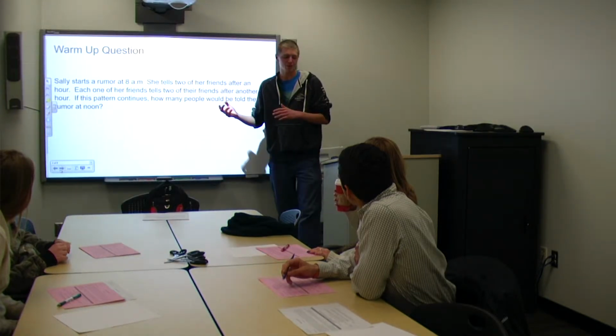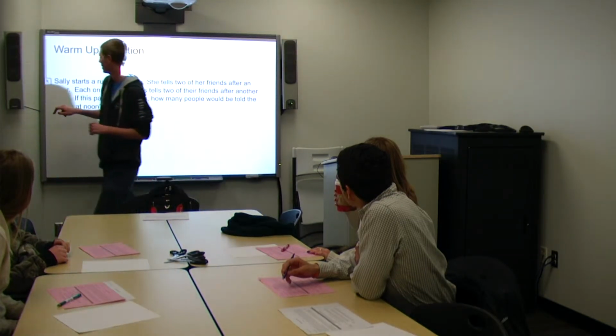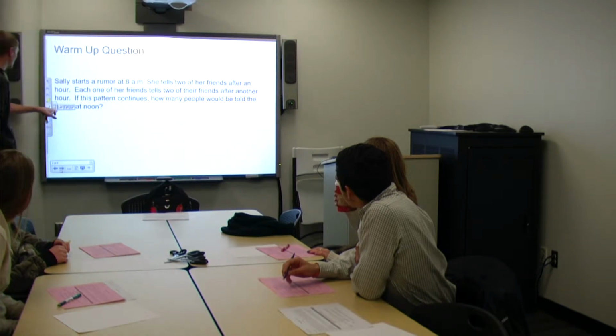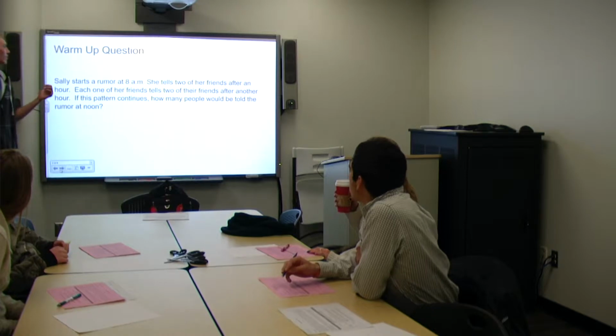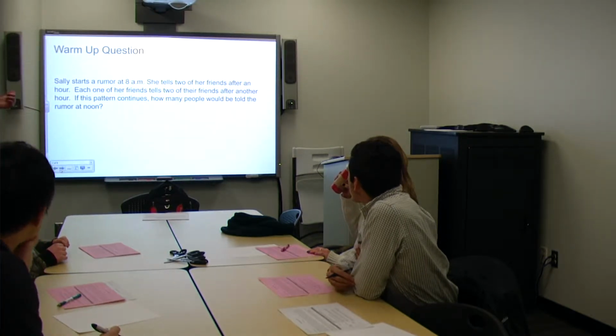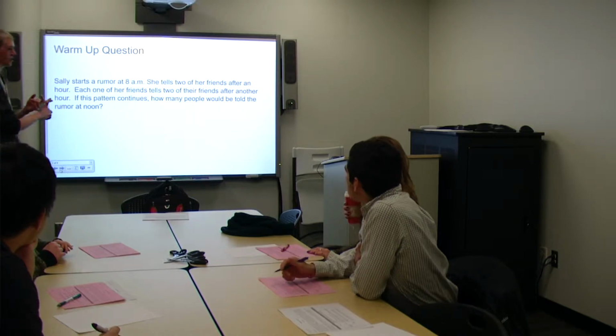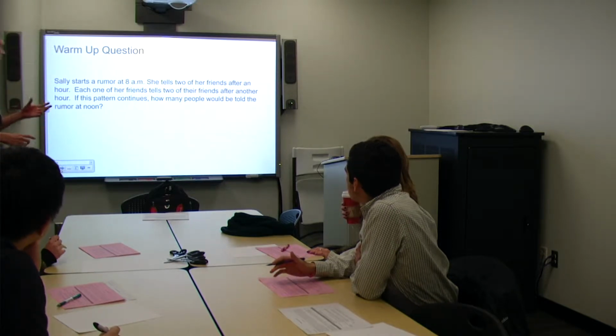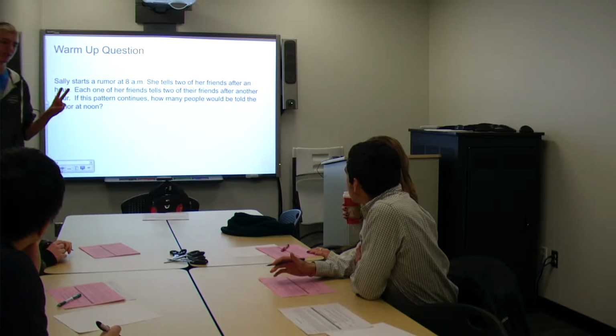So just for a startup, to get you guys thinking a little bit, I have a warm-up question here. It says, Sally decides she's going to start a rumor at 8 o'clock. After an hour, at 9 o'clock, she tells 2 of her friends.